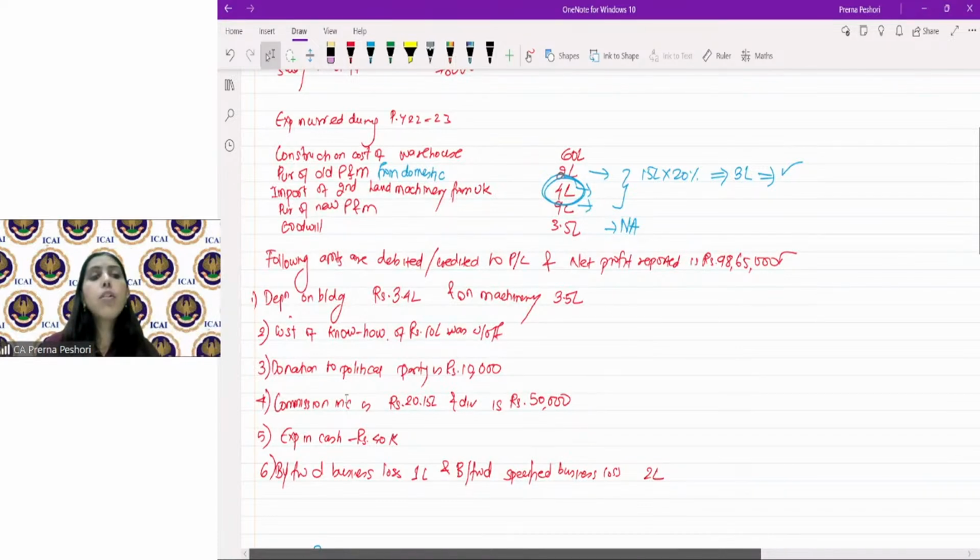Okay. Then cost of know-how of 10 lakh was written off.